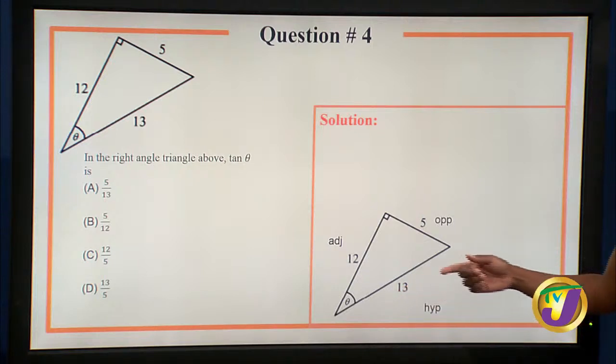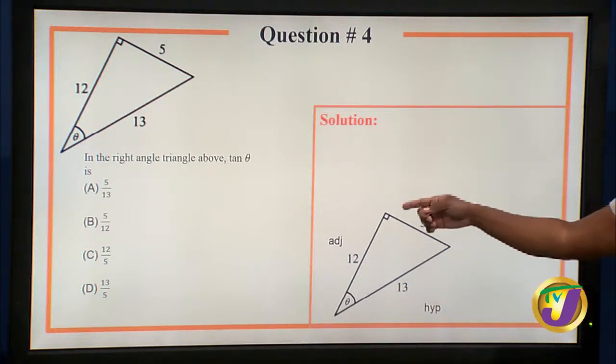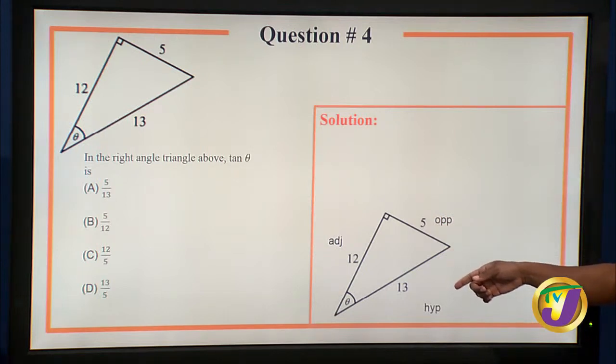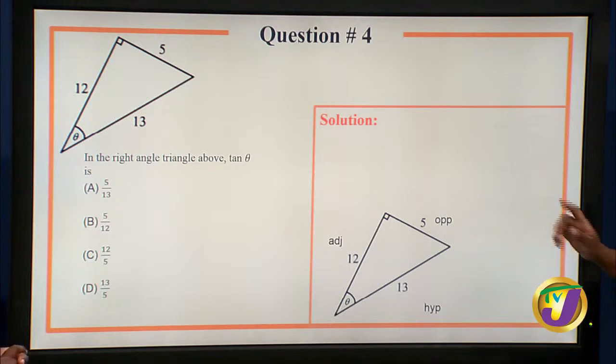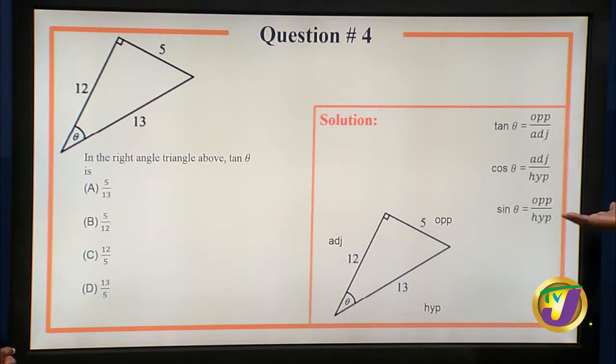We can identify the hypotenuse simply because it is a right angle triangle. It's opposite to the right angle. And we also are able to identify the adjacent side. Now, all we have to do is to review the trig ratios that we have. We know them all. Some persons are able to sing them. But just make a quick representation of what each ratio represents in order to eliminate your possibility of making a mistake, and move with that.